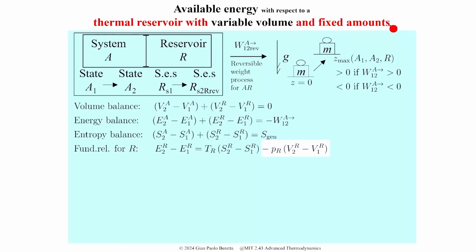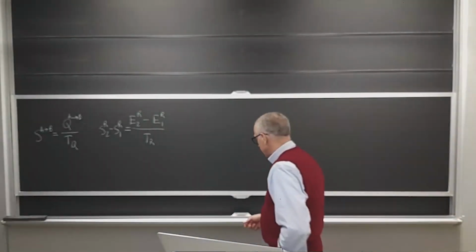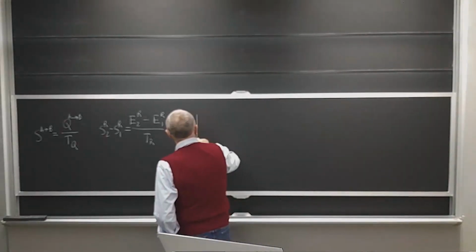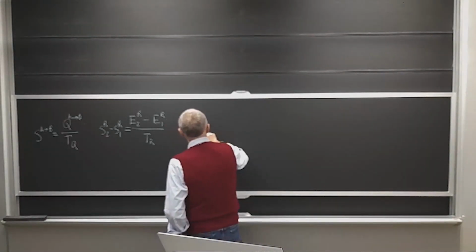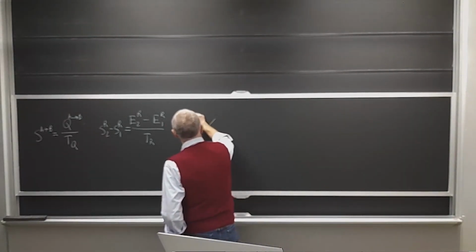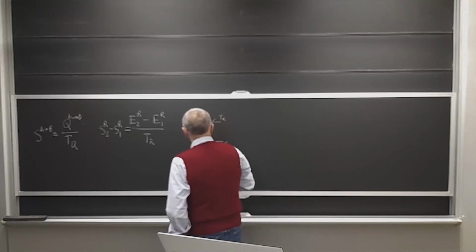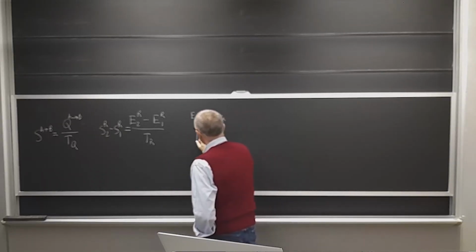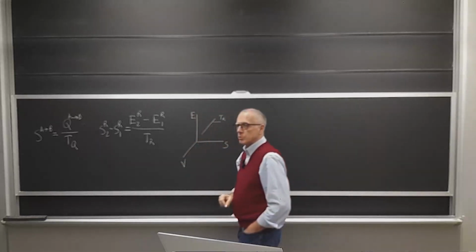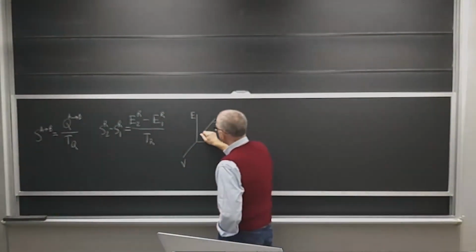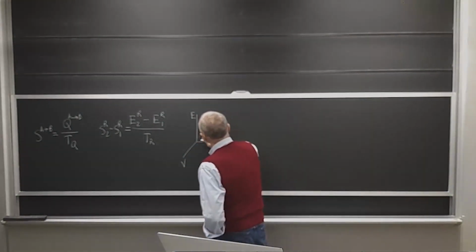Then the fundamental relation for a reservoir is also linear, except that now, before we had energy, entropy, and this is the temperature, TR. Now, if we add volume as a possibility to change, then, okay, let's see.